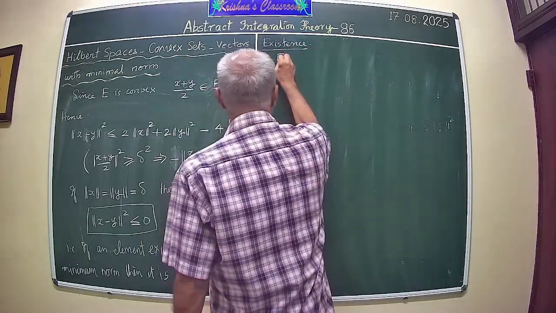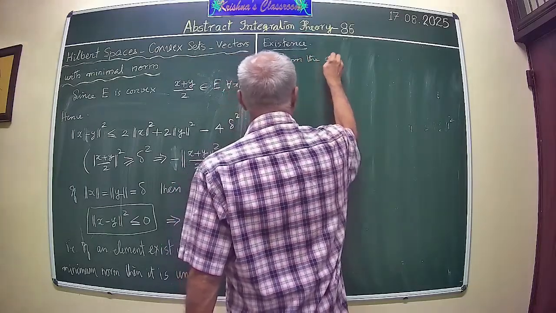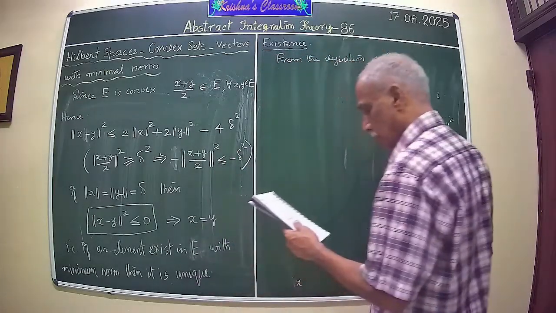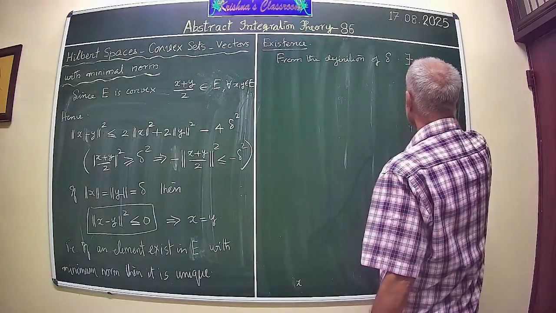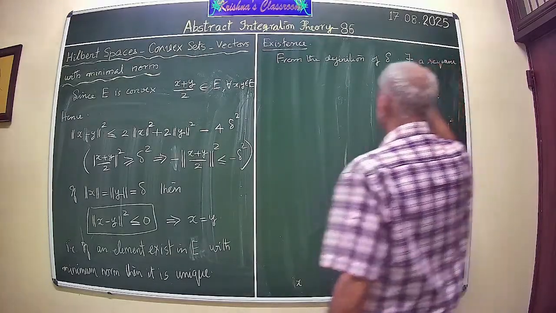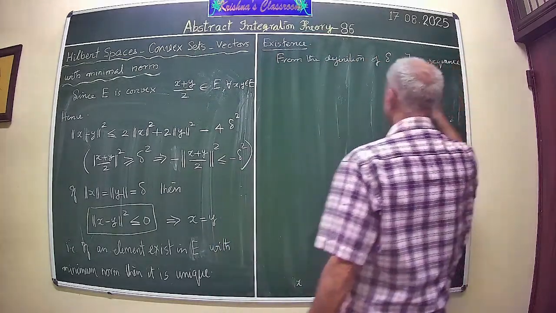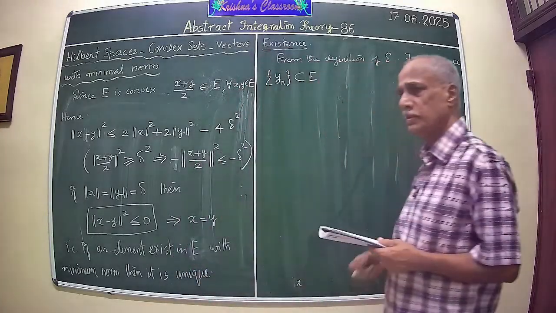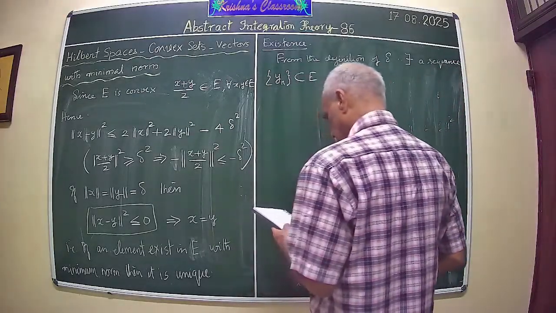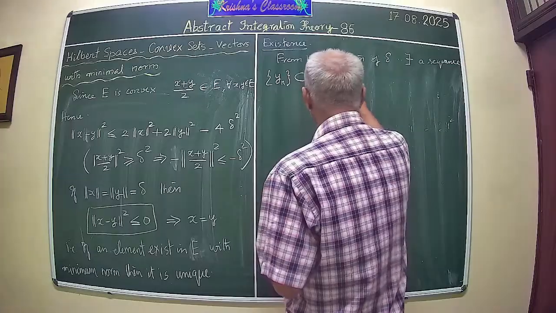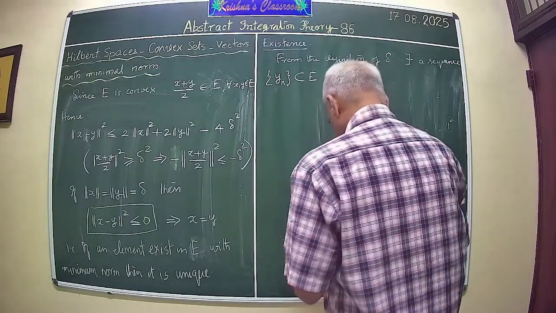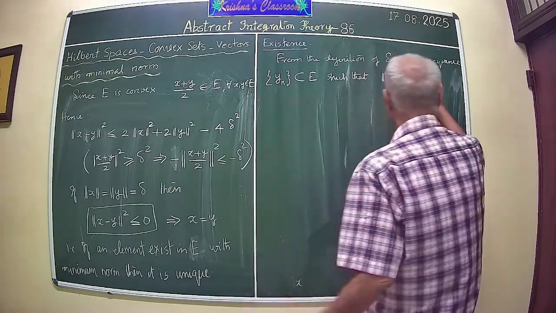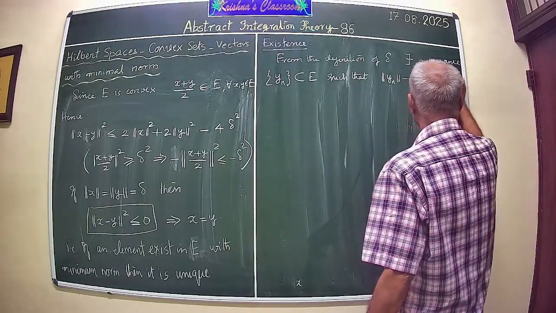From the definition of delta, there exists a sequence Yn belonging to E such that norm of Yn tends to delta as n tends to infinity.